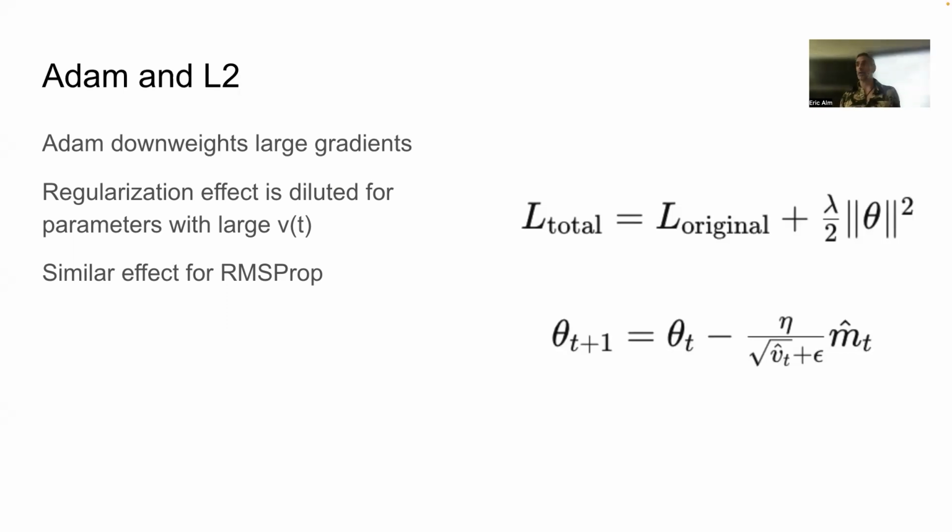If we add our L2 to the loss function, then compute the gradient of that, then that gradient is getting amplified every step that we do an update. And so it builds up a momentum in a certain direction, and the amount of momentum it builds up depends on how big that parameter was when it was initialized, and it kind of wreaks havoc with things. It's not good. It dilutes and randomizes the regularization effect of the L2.